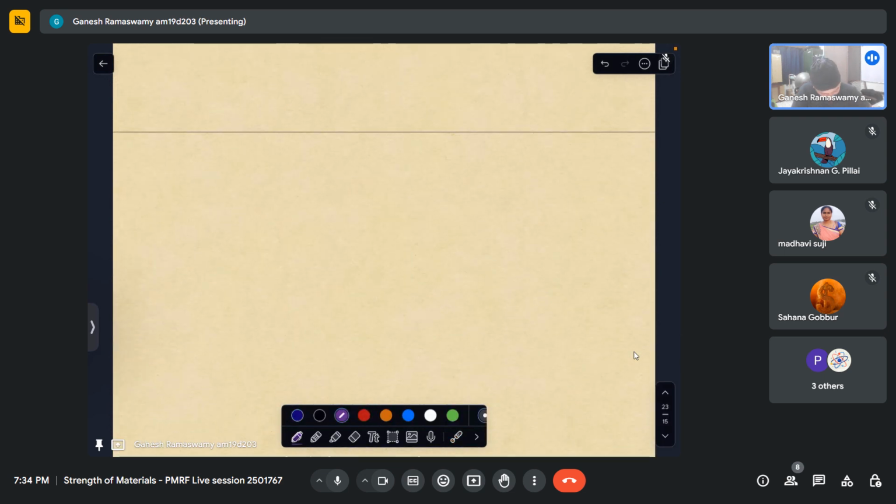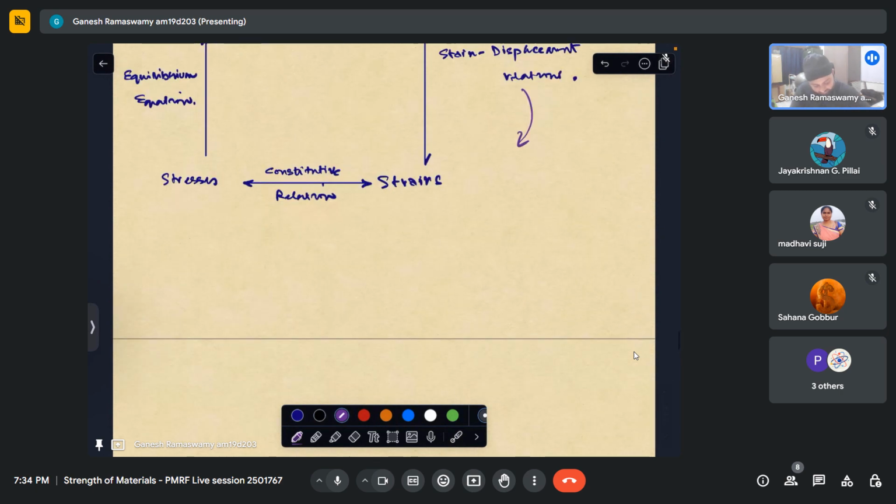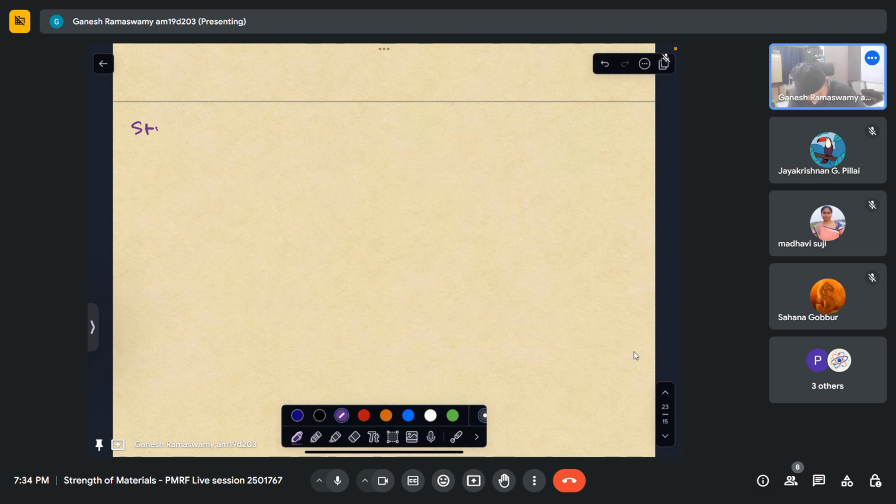It turns out these strain displacement relations, simply put, we can write in the xy coordinate system.